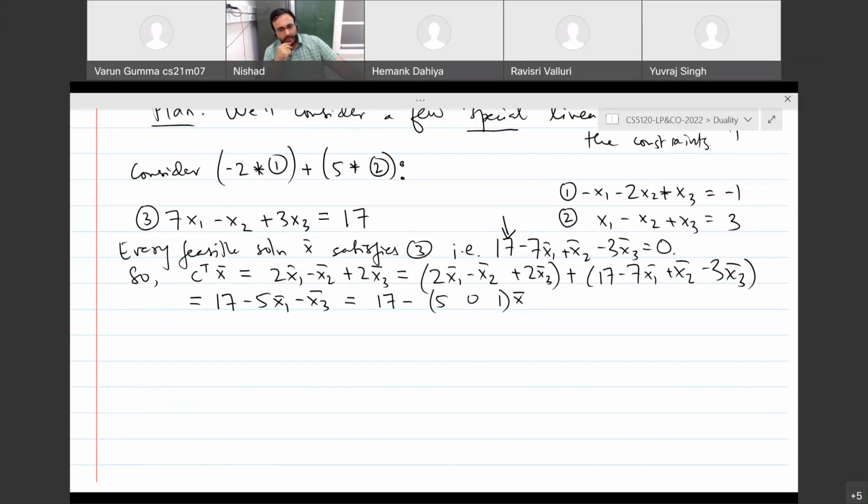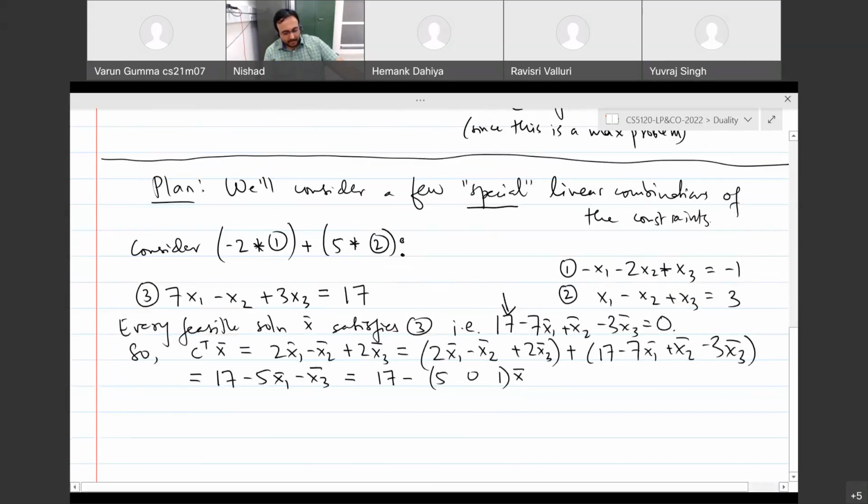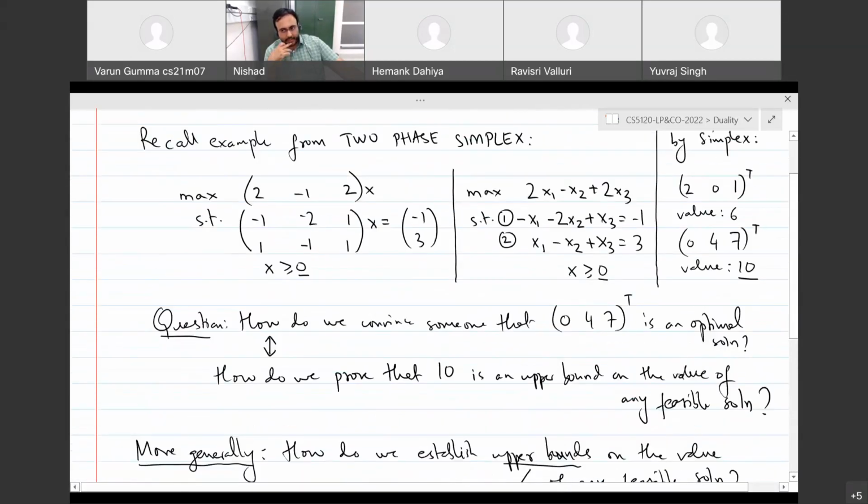So what can you say at this point? At this point, what can you conclude about the optimal value of the feasible solution? It should be 17. It should be 17, or you mean something slightly weaker? Right, but notice that by simplex, the one we found was (0, 4, 7) and its value is 10.